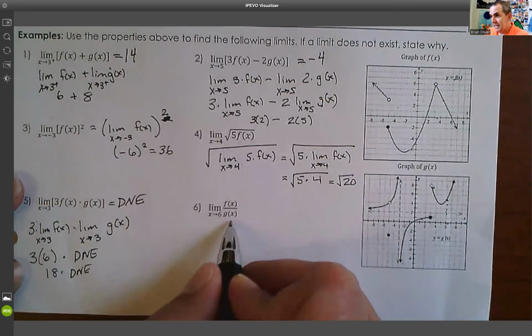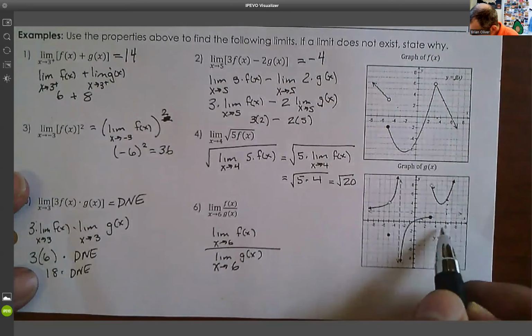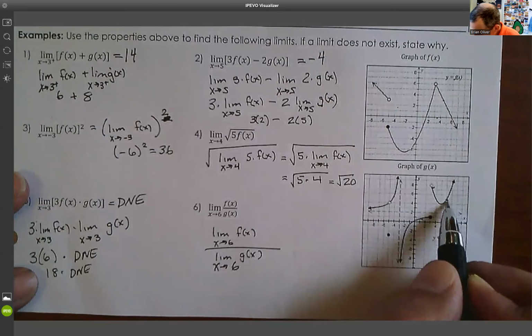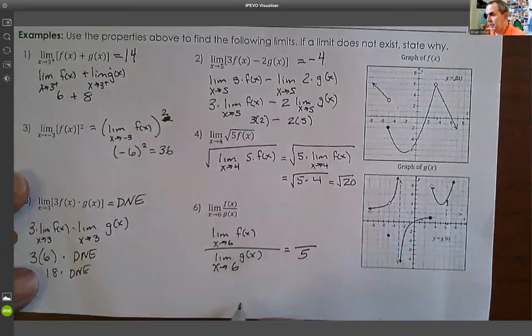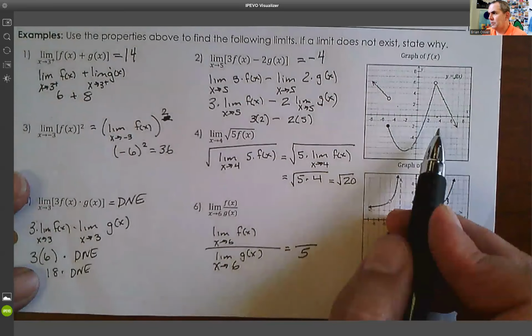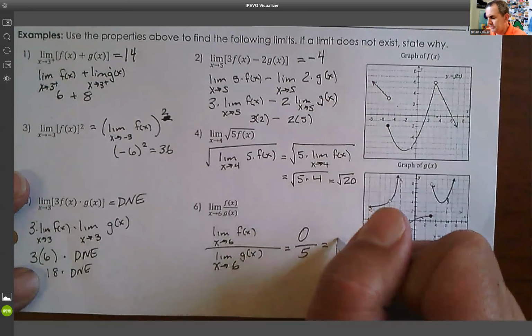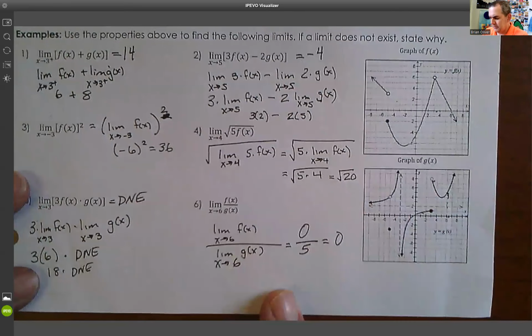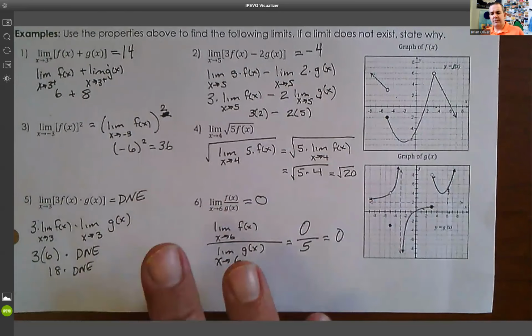So as x approaches 6 in the denominator, which would be right here, trace my finger up, I'm going to find out that this denominator is 5, so I can keep going with it. It's going to give me an answer. When I actually do it on f of x, as x approaches 6, you're going to find out that it's 0, and 0 over 5 is 0. So this limit would be 0. So that's our first little bit of properties.